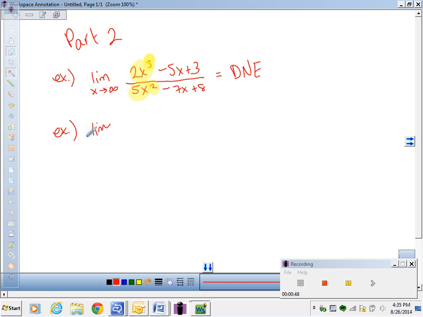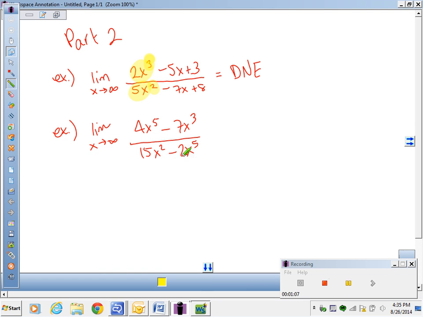Let's have the limit as x approaches infinity of 4x to the 5th power minus 7x cubed over 15x squared minus 2x to the 5th. Once again, this one is not in order, so I would just rewrite it in order so I can see that leading coefficient first.